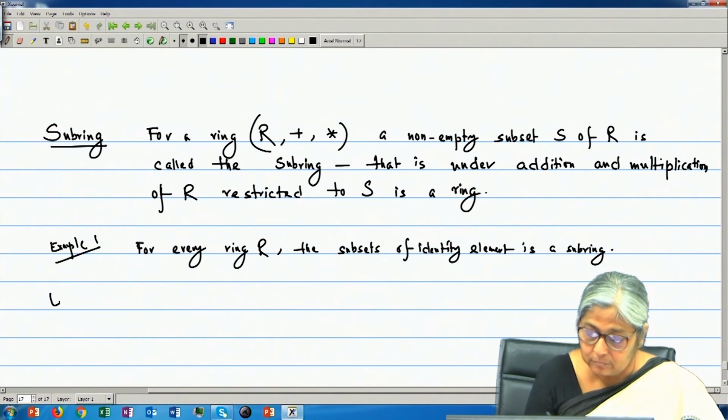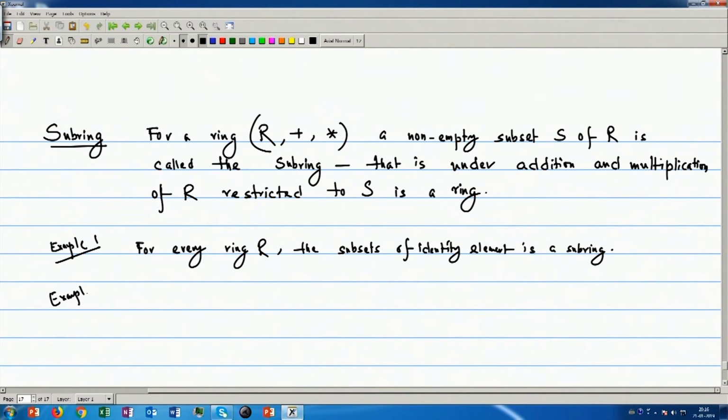Or in our known example, with other algebraic systems we have seen, the set of all even integers is a subring.